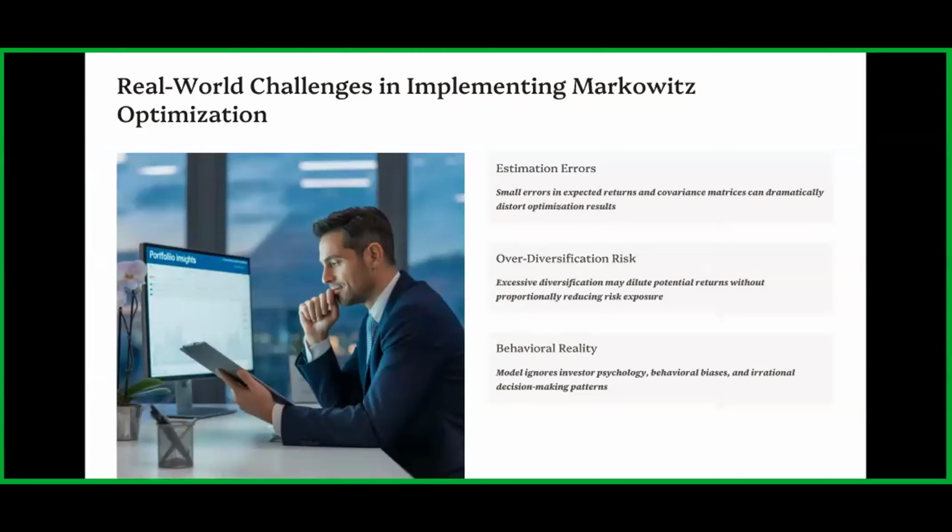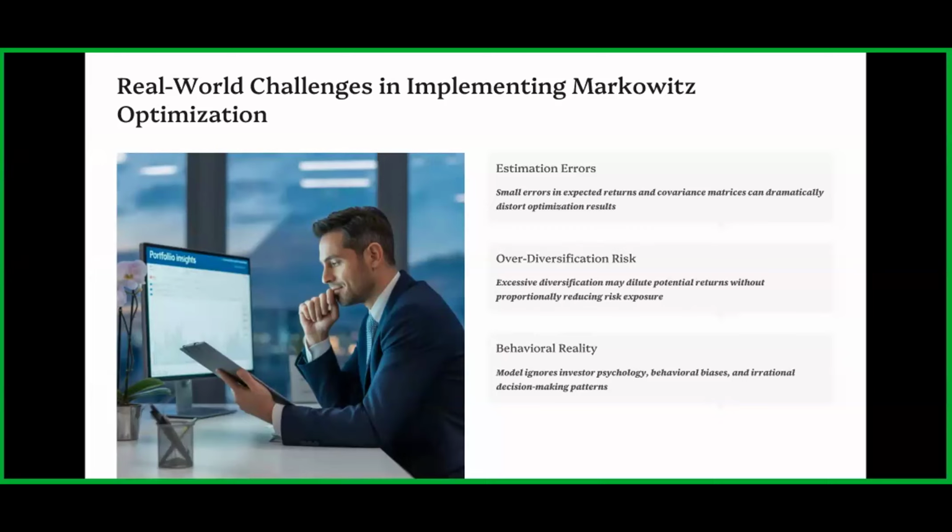Here, some of the challenges given to us is estimation error. Whoever is calculating the standard deviation or the correlation between the risk and return, if he makes errors while calculating that part, then the investor cannot take good investment decisions.